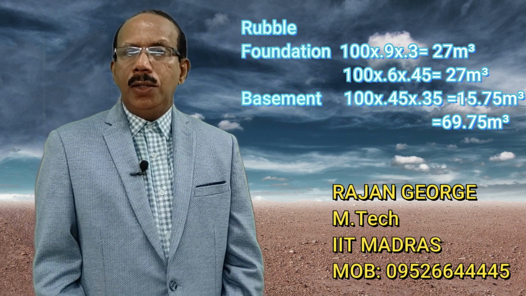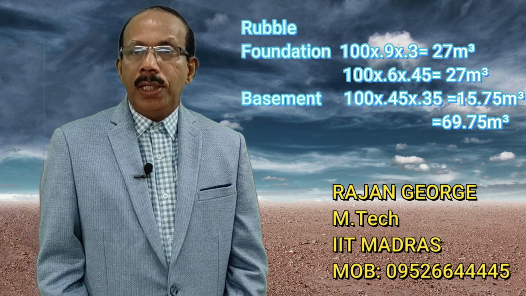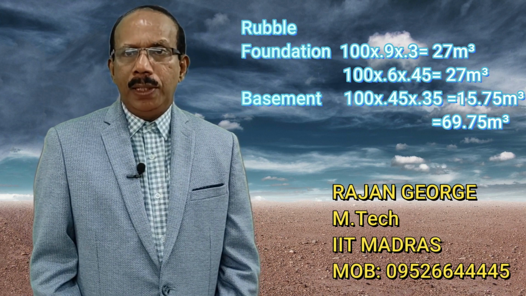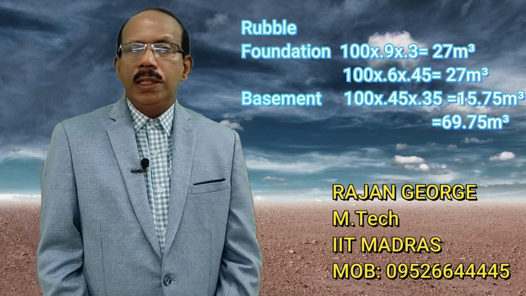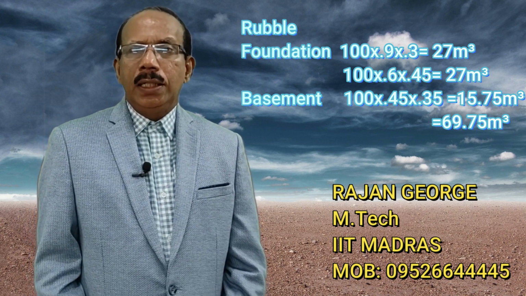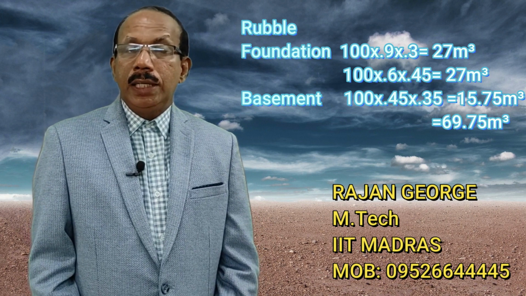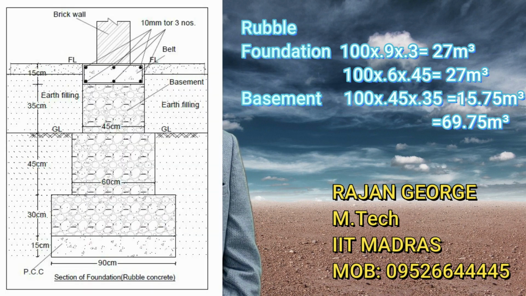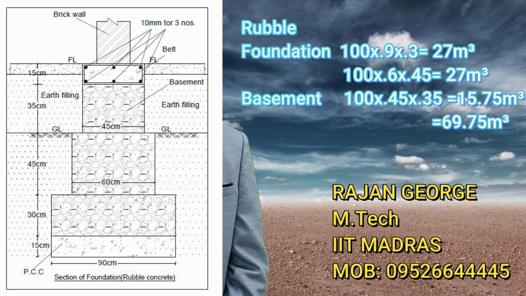That portion is 100 into 0.6 into 0.45, it is 27 m cube. And then the basement, 100 meter length, 45 centimeter width, 35 centimeter depth, it is 15.75 m cube. Total rubble is 69.75 m cube.